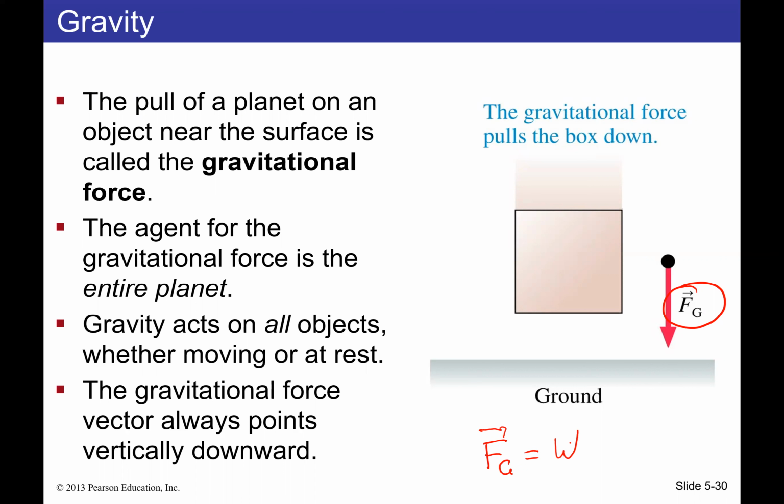So gravitational force can also be W. But in any case, right now let's look at this in terms of F of G. The agent is the Earth, and gravity acts on all objects, whether moving or at rest. The gravitational force has a very specific direction, which is always towards Earth. That means straight down.